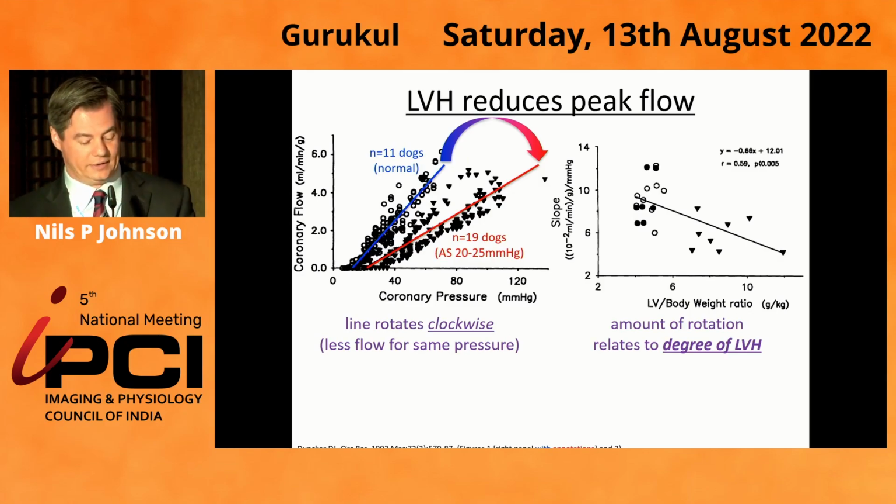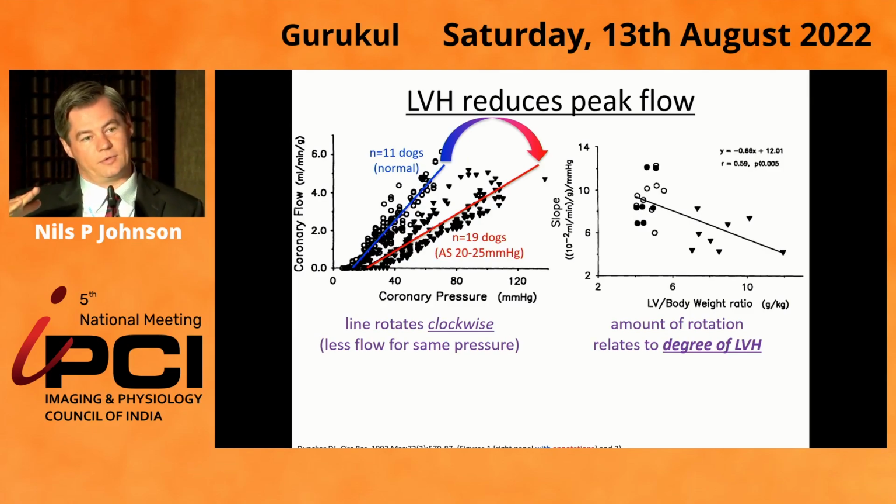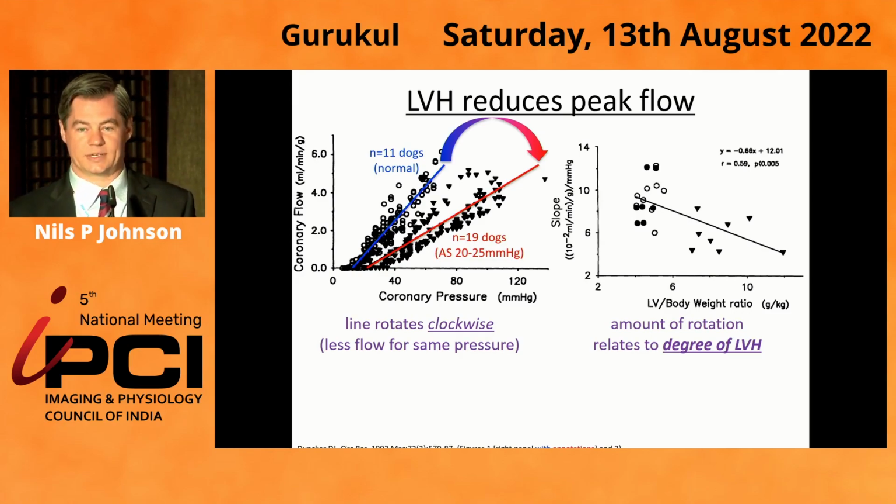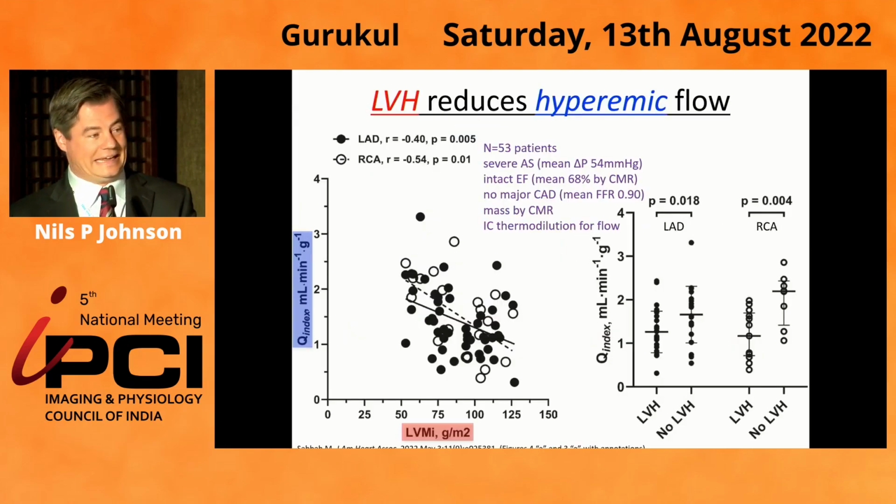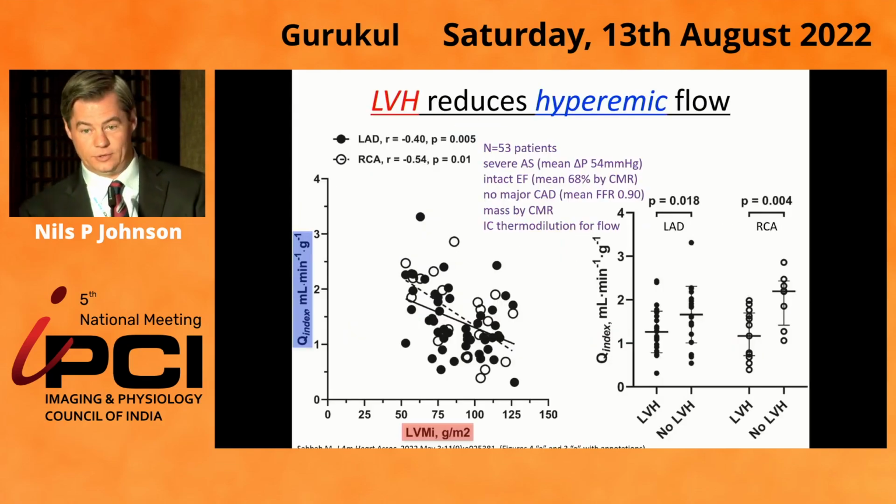This was a very eloquent study where they did supravalvular aortic stenosis in a series of dogs. The amount of that rotation is related to the degree of left ventricular hypertrophy. You can see the LV to body weight ratio tracks very closely with the change in slope. You say, well, that's great in dogs, but I don't take care of many dogs. There's some great new data that's just come out looking at this same relationship in humans using intracoronary thermodilution measurements.